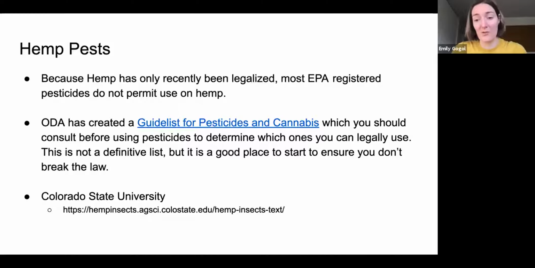Lots of traditional farmers have used their extension programs for decades. Hemp farmers, we should do the same. Colorado State University has a really robust program, and you can find their catch-all list and fact sheets on different pests at that link. I'm not going to go into detail on specific pests, but there is information out there, and it's getting better every year.